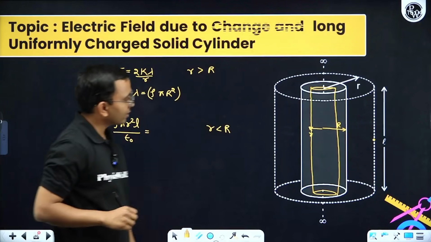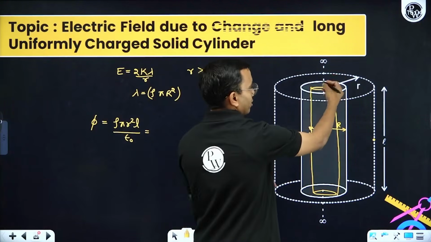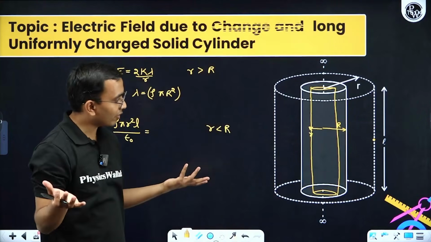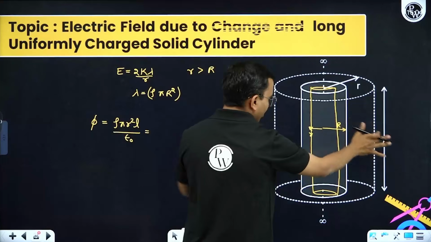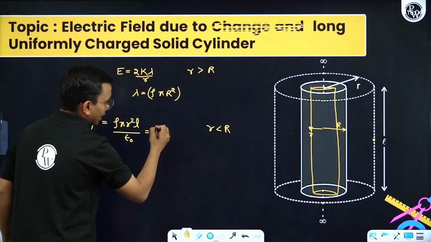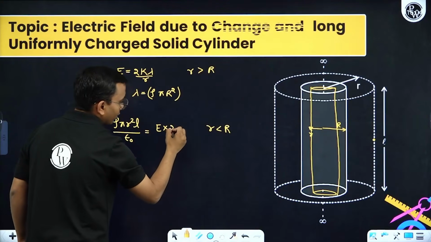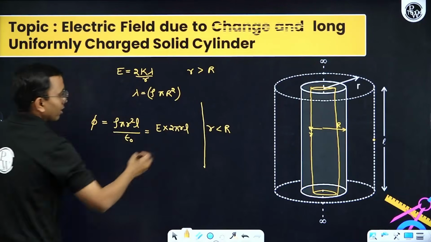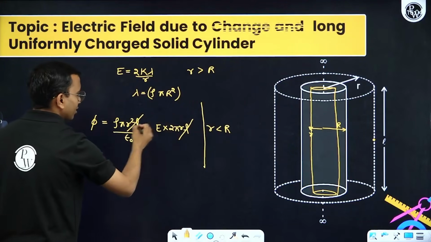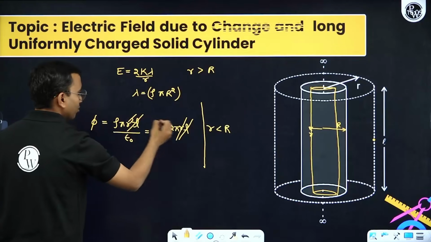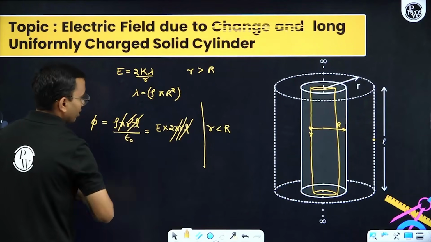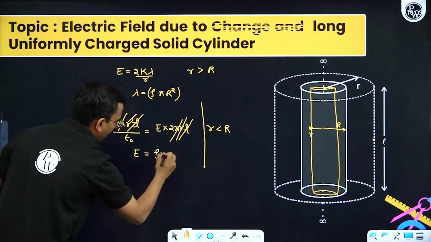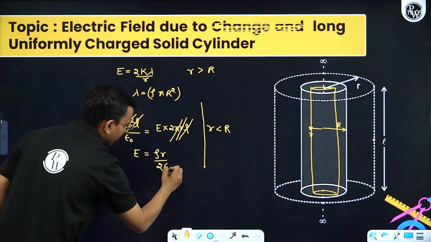On these two horizontal surfaces the flux is 0; only through the curved surface will the flux be there, which is E into 2 pi R L. L will get cancelled, R will get cancelled, pi will get cancelled, so E comes out to be rho R by 2 epsilon naught.